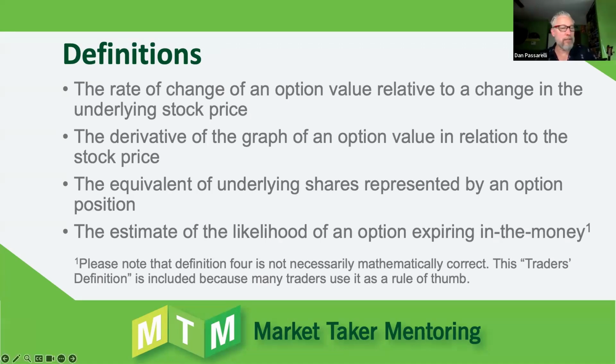Okay, so let's go back to our perennial example. I own a call, it has a 43 delta. What that means is, the way I should think about it is, that call has a 43% chance of being in the money at expiration.